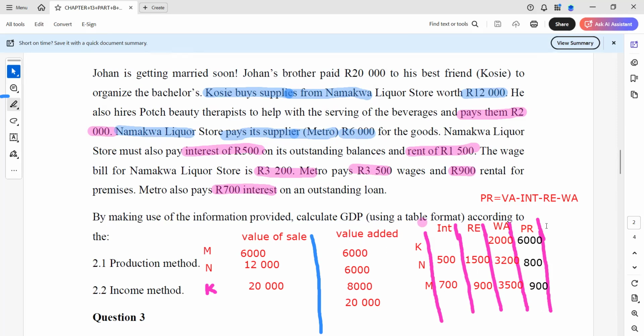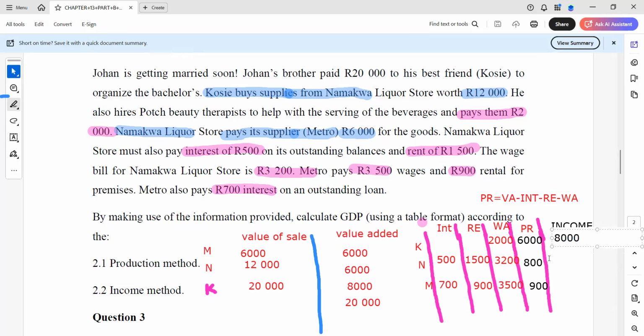So now, to calculate the income, because we are asked to calculate GDP using the income method, we are basically going to add all the remuneration for the factors of production to get this income over here, right? So we're going to say 2,000 plus 6,000, which is 8,000.